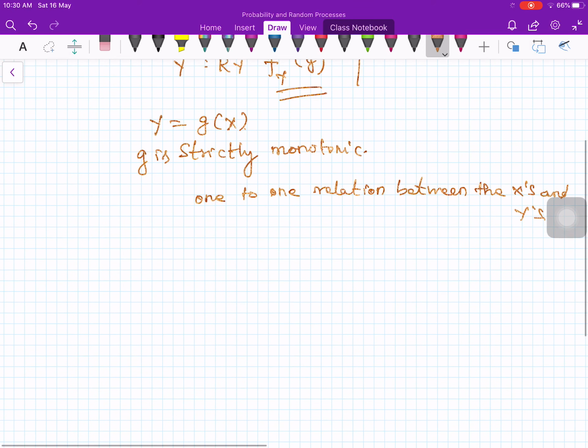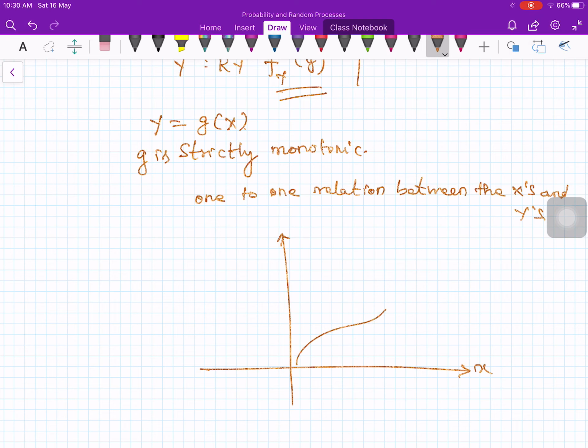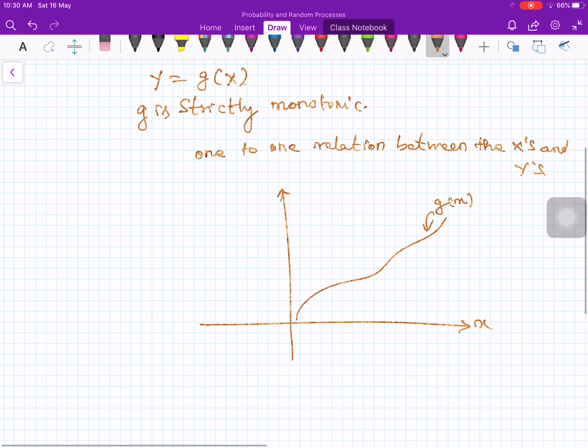Here we can reason directly in terms of densities by looking at probabilities of small intervals. Let me draw a simple picture. This is x and this is y, and I have a function like this, which is g of x. Let's look at a small interval.